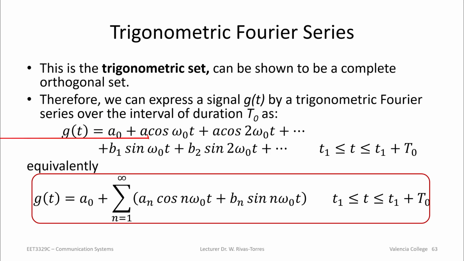There should have been an a1 here, and an a2 there. So you end up with an expression like the one I have boxed here, where g of t equals a0 plus the sum from n equals 1 to infinity of cosines and sines multiplied by the a and b coefficients, right?